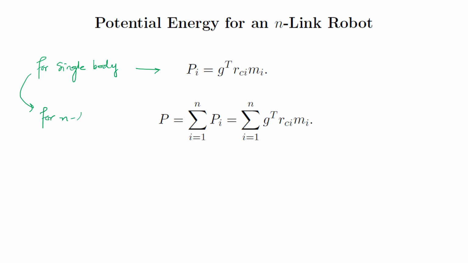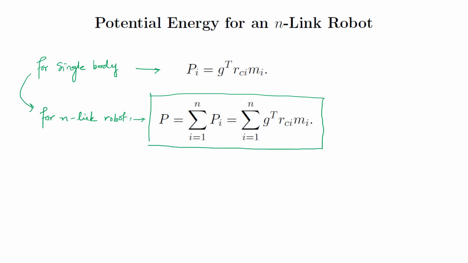So you can write down that for N-link robot. So this expression is what you're going to use in conjunction with the kinetic energy expression that we have derived earlier for N-link robot to formulate the Lagrangian. And that is going to be the necessary ingredient before we start writing the equation of motion for N-link robot.